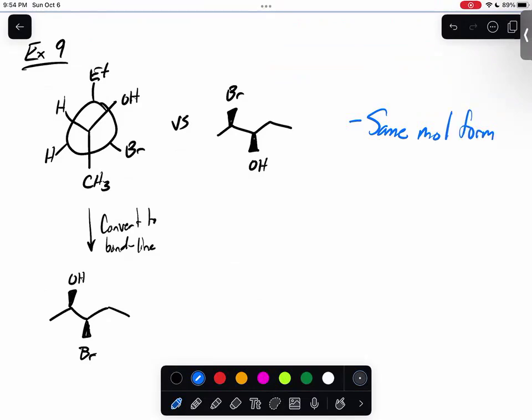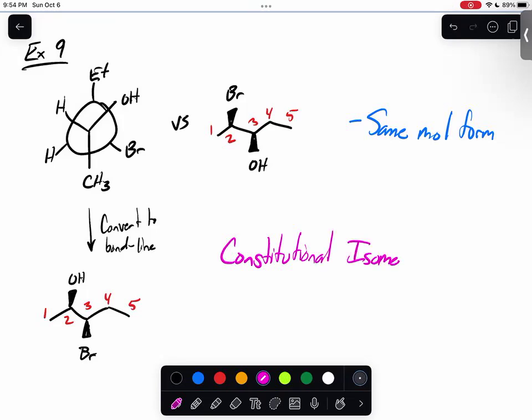But if we take a look at these in terms of their connectivity, and we start over here, 1, 2, 3, 4, and 5, there's no way on the other one that we can put the alcohol on carbon 2 and the bromine on carbon 3 while having everything connected the same. Right? The bromine will end up on carbon 2, the alcohol will end up on carbon 3. So these have different connectivities, therefore they are constitutional isomers.